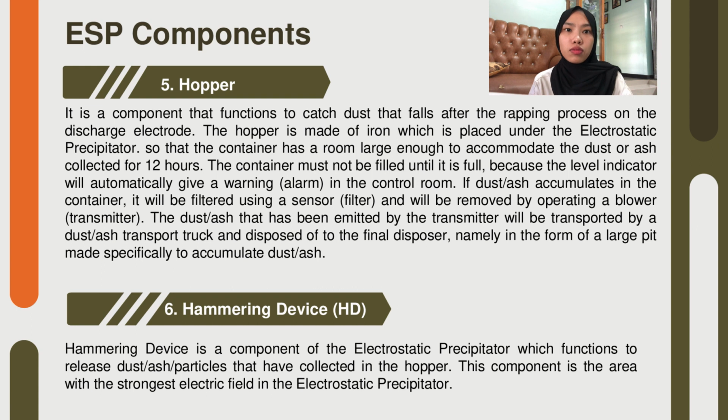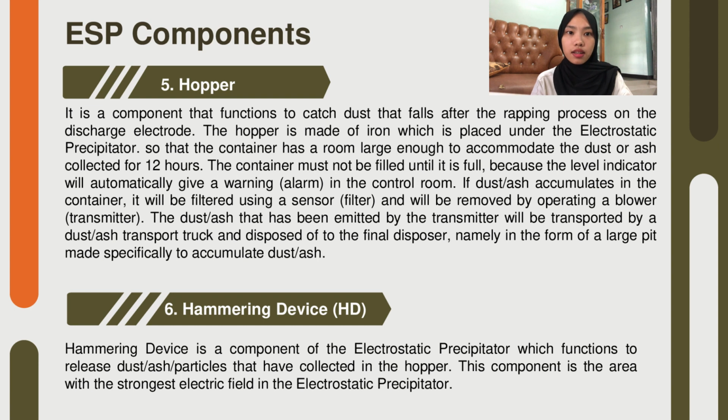If ash accumulates in the container, it will be detected using a sensor and will be removed by operating a blower. The ash that has been emitted by the transmitter will be transported by a transport truck and disposed of to the final disposal, namely in the form of a large pit made specifically to accumulate ash.